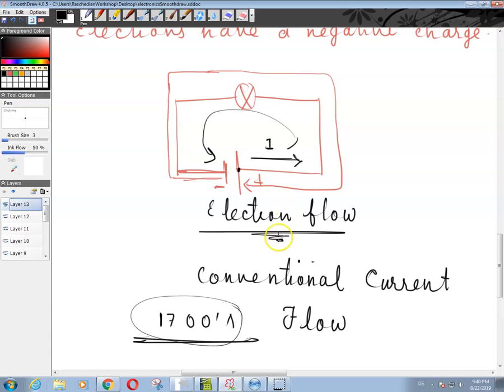And so science came up with the electron flow direction, the direction of the flow of electrons in a circuit.